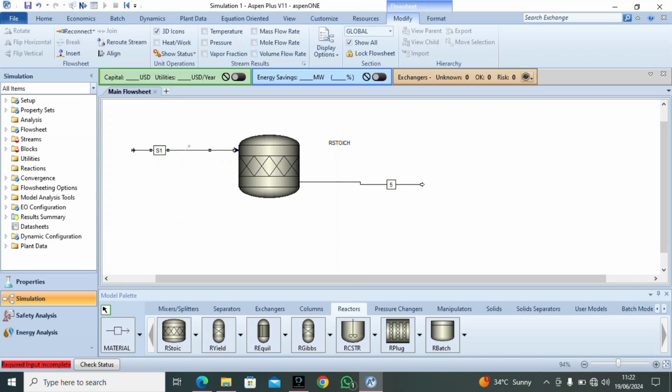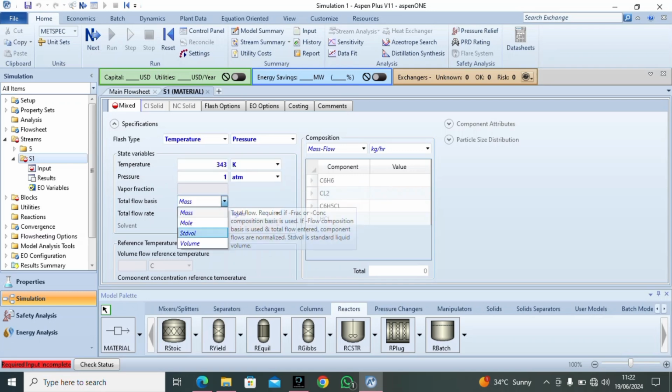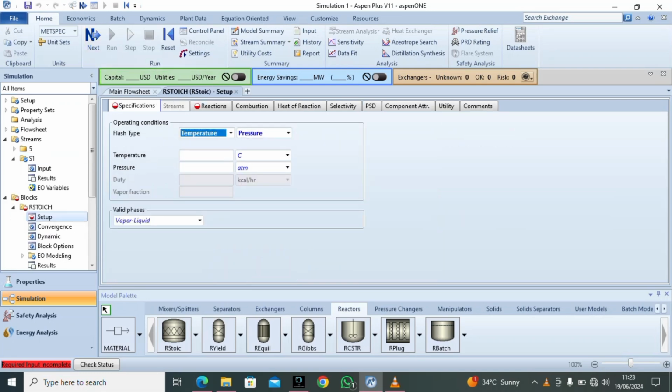Then specify the operating conditions of the inlet stream. Double click on the inlet stream. Here we put temperature 343 Kelvin, pressure 1 atm, a total mole flow rate of 100, and composition of benzene 0.5 and chlorine 0.5.